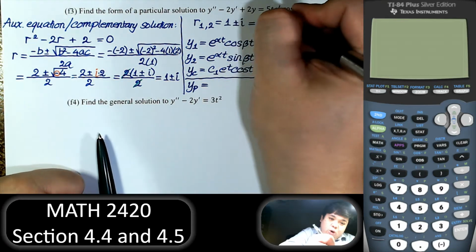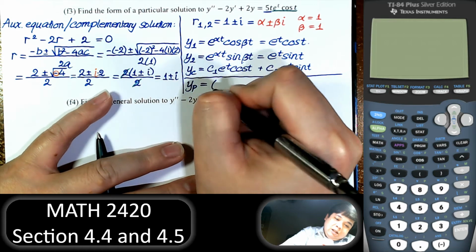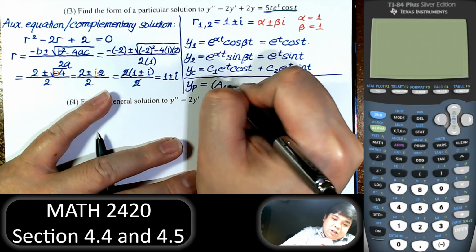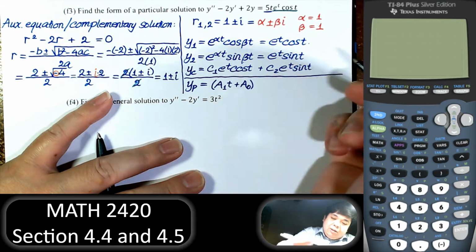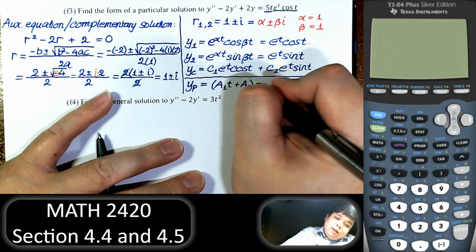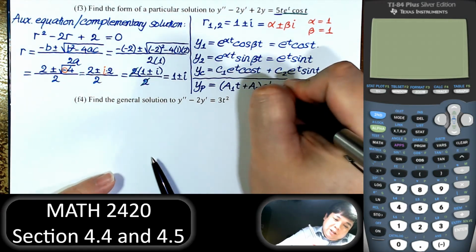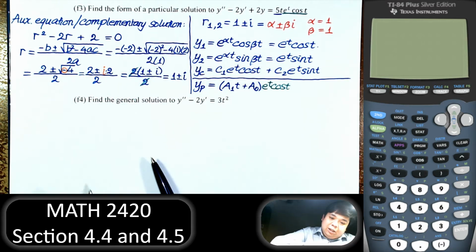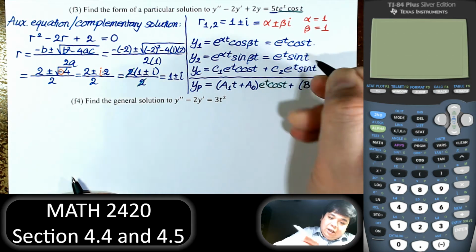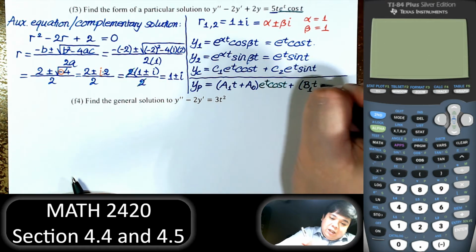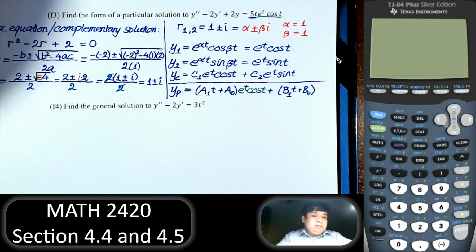Of course, also a polynomial of the first degree, so it's going to be a1t plus a naught, and then e to the t cosine t, and then b1t plus b naught, and then e to the t sine t.